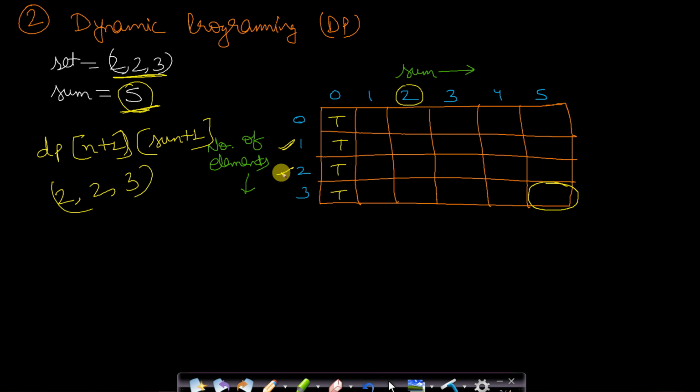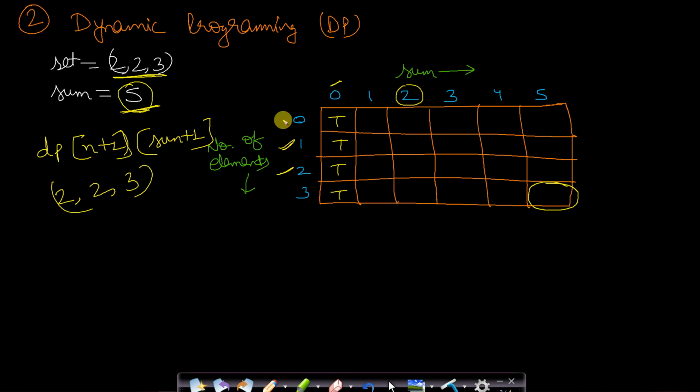Similarly, if you have 2 elements in your set, 2, 2, you just exclude those 2 elements and you can still find sum 0. So it is always possible to find sum 0, whether you have any elements or not. So this will always be true.